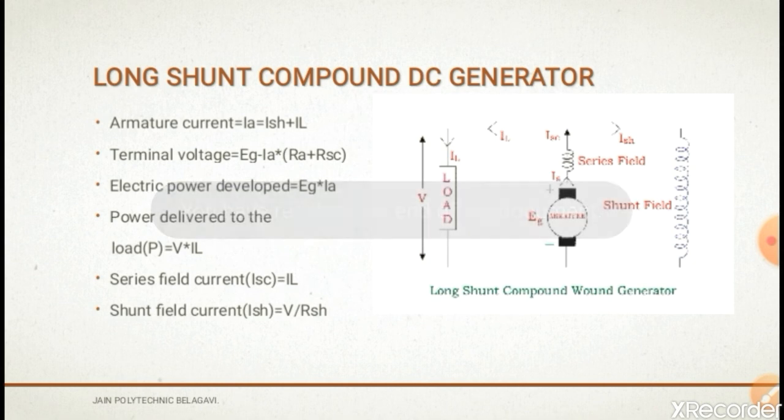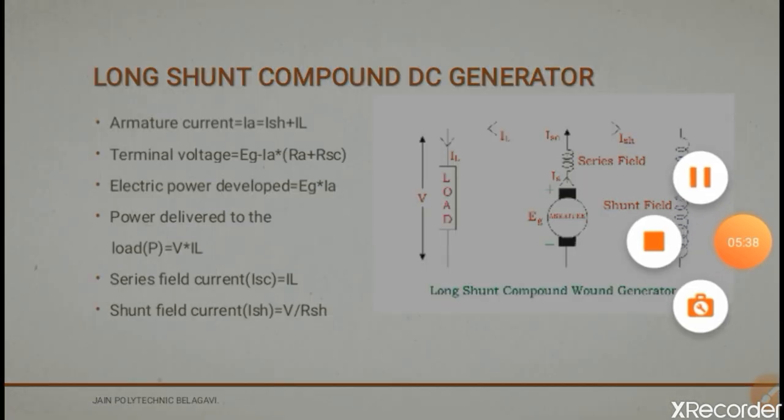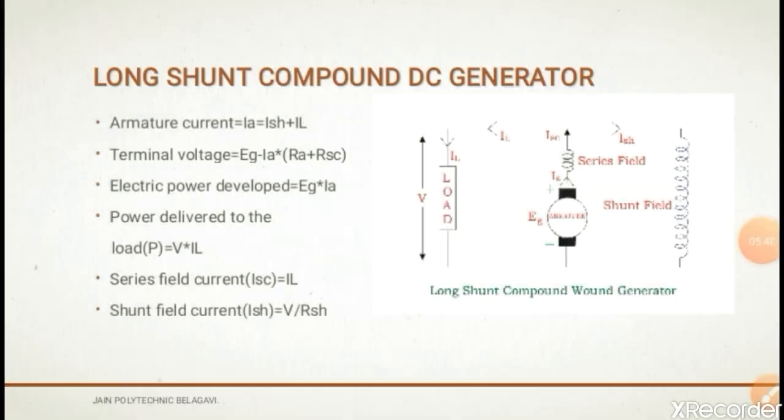So this was about the types of DC generators. There are mainly two types of DC generators: separately excited DC generator and self-excited DC generator.